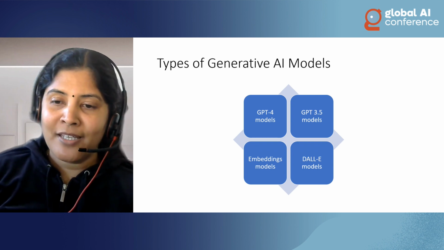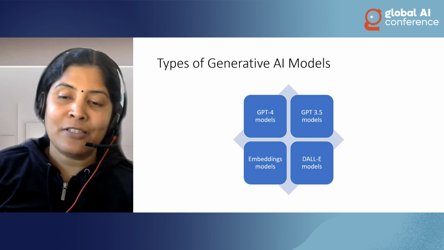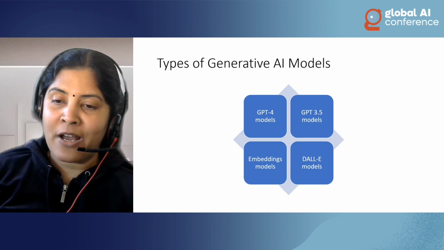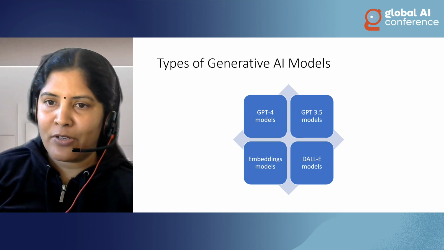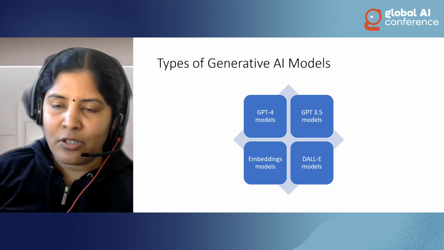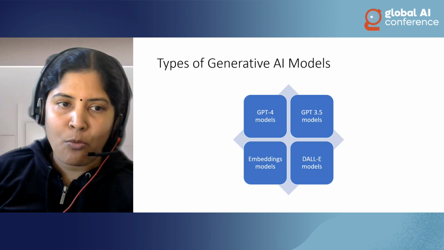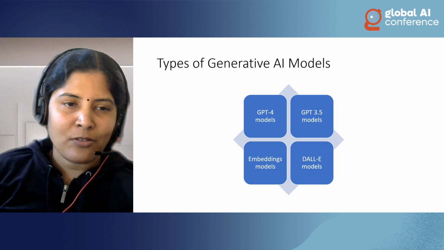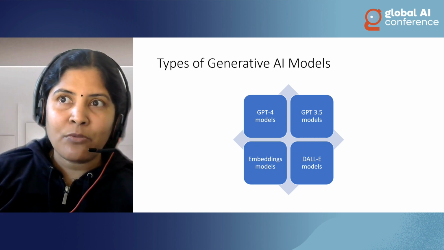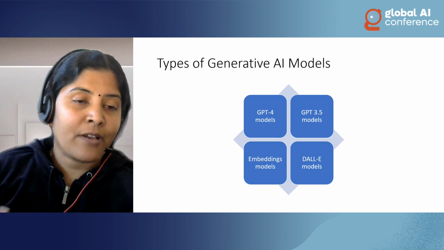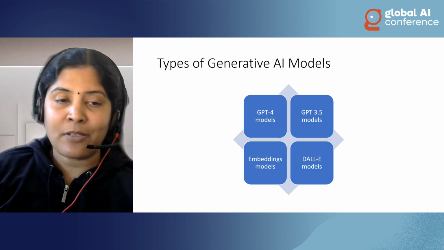DALL-E, my favorite one. This model allows you to generate images on the fly using natural language prompts. And think about the opportunities it can open. For instance, you can write blogs or storybooks, and then you can visualize, saying, how about an image of something like this.